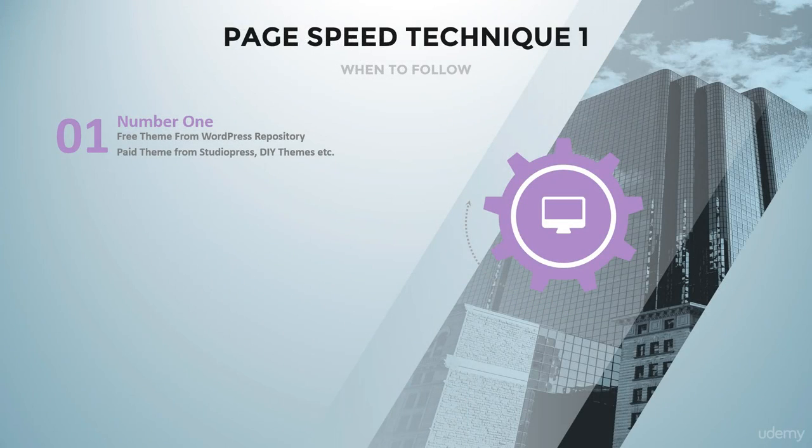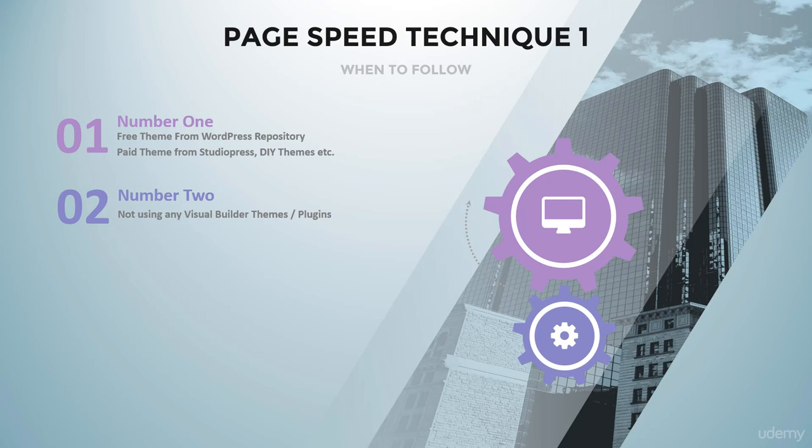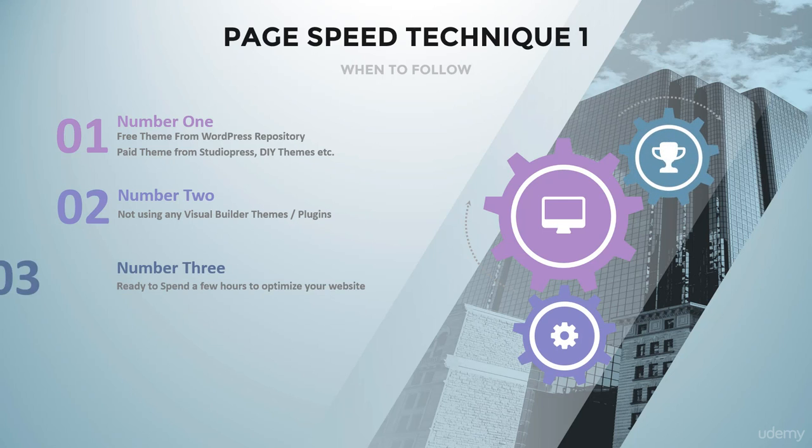If you're not using any Visual Builder or drag and drop building plugins, and if you're ready to spend a few hours to optimize your website and get a page loading time less than a second and a page speed score above 95% in Google's Page Speed Insights tool.